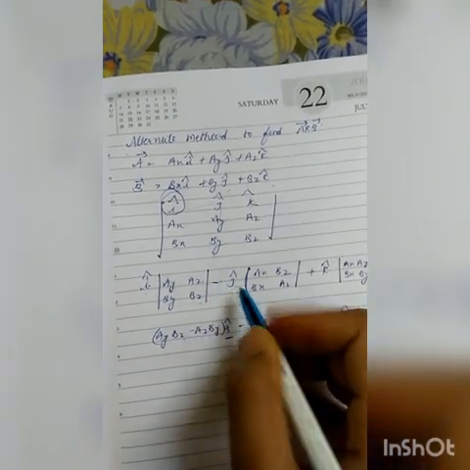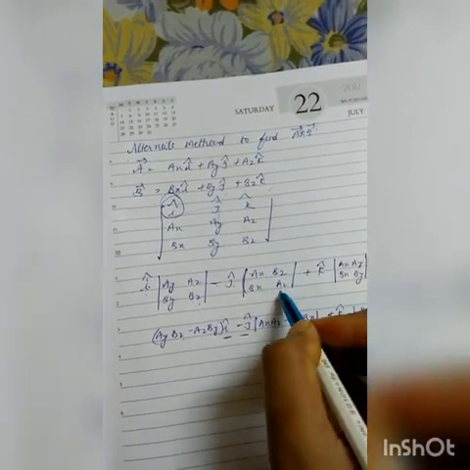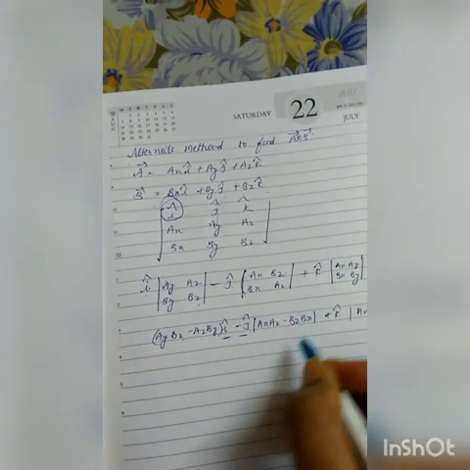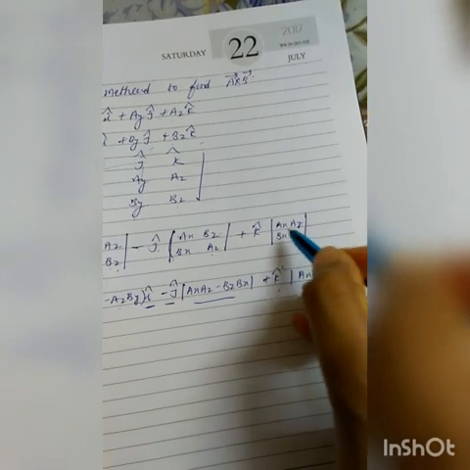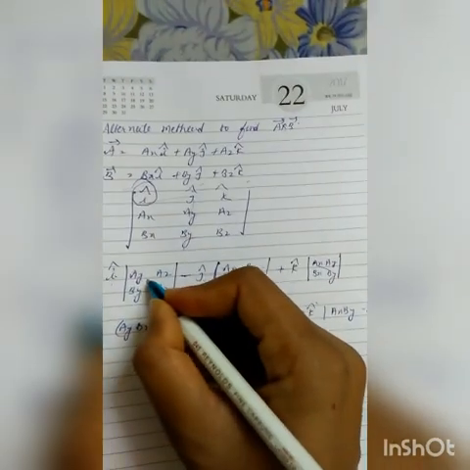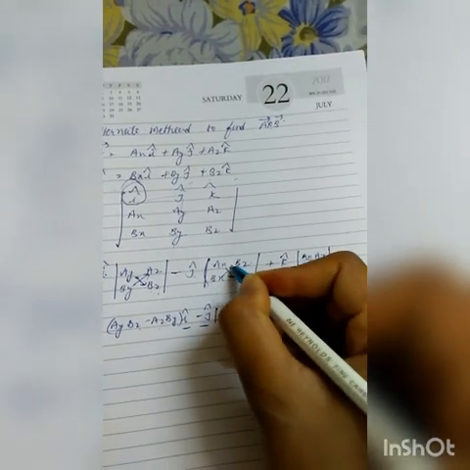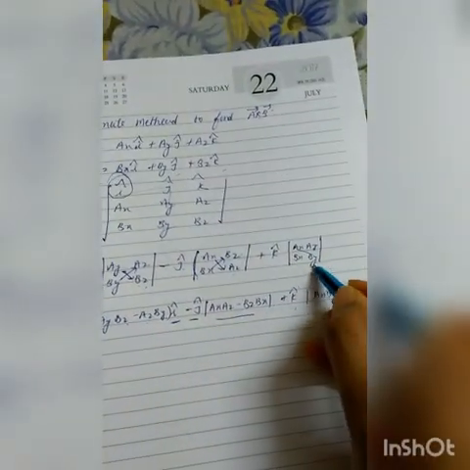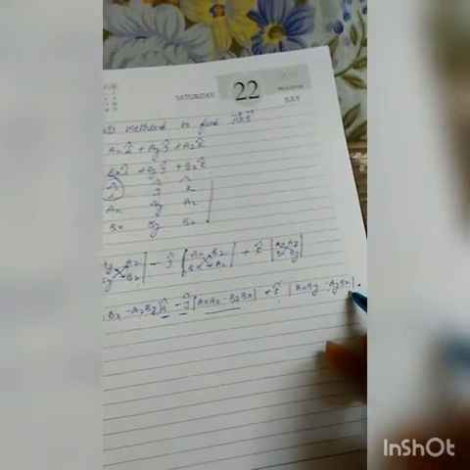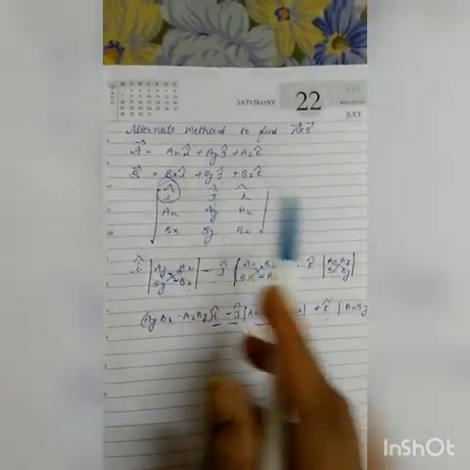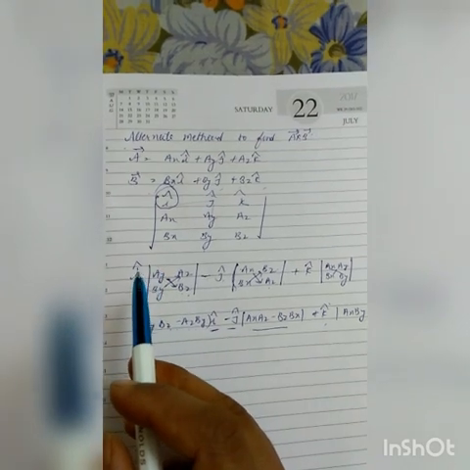Next we have minus j unit vector, ax az, bx bz, put the values here, and plus k unit vector, ay, you have to multiply like that and put the minus sign between these two. Now ax by minus bx ay. By doing this, you can find the value of A cross B.